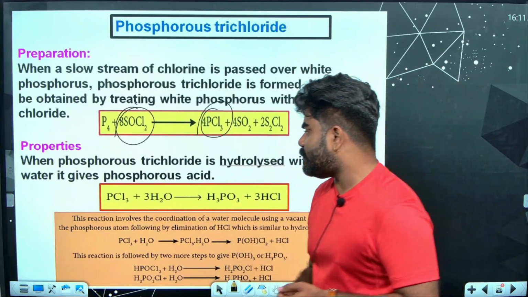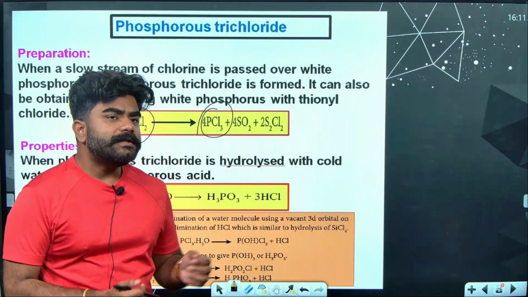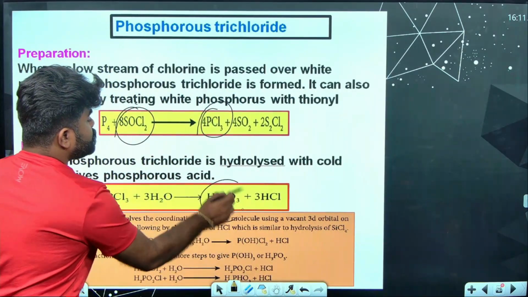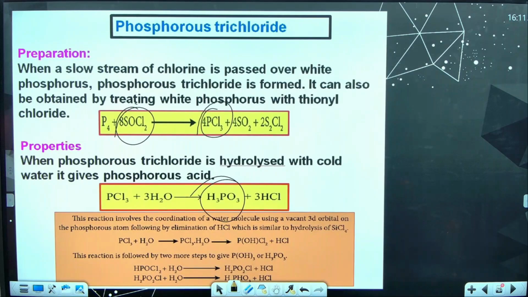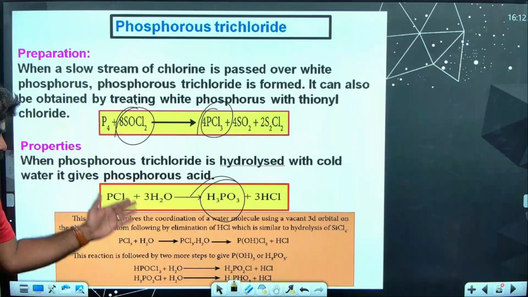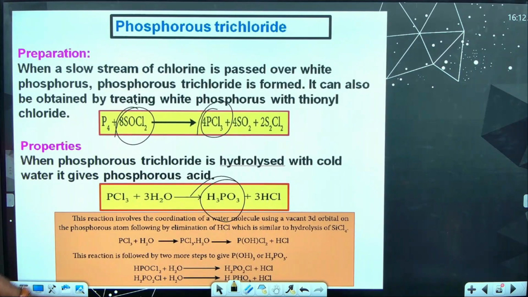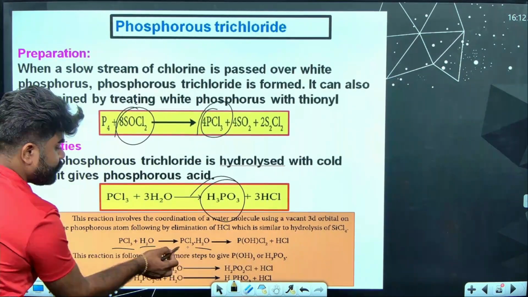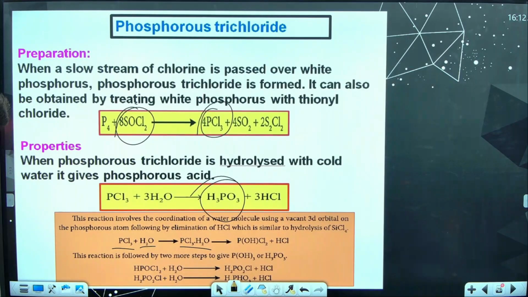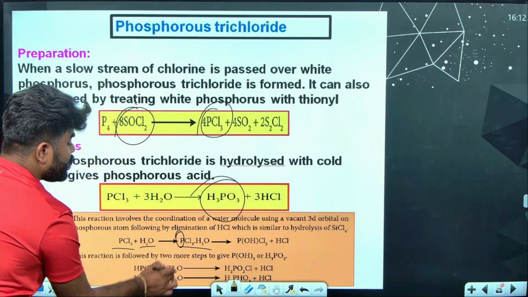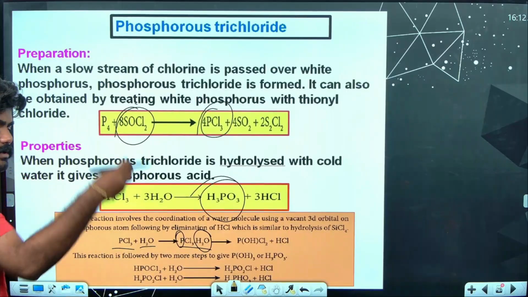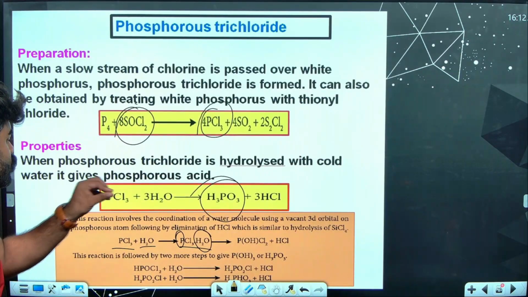So இதோட properties பார்த்தோம் அப்படின்னா, phosphorus trichloride when you hydrolyze it gives H3PO3, okay, phosphorus acid produce பண்ணும். இப்போ இந்த phosphorus acid produce பண்ணுது இல்லையா, ஸோ இந்த reaction எப்படி நடக்குதுன்னு பார்த்தா, PCl3 phosphorus trichloride நம்ம hydrolyze பண்ணும் போது இந்த water molecule போய் அதில் add ஆகிக்குது. எப்படி, phosphorus-ல் இருக்கிற vacant orbitals-ல் போய் அந்த water molecule போய் அங்கே உட்காந்துக்குது.